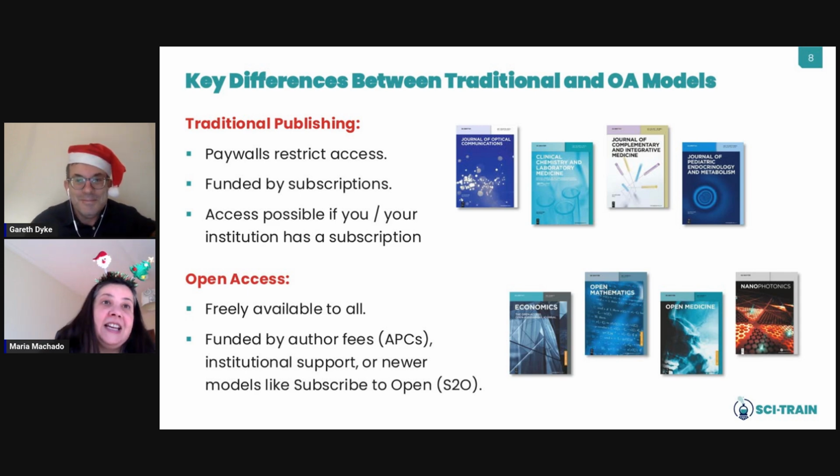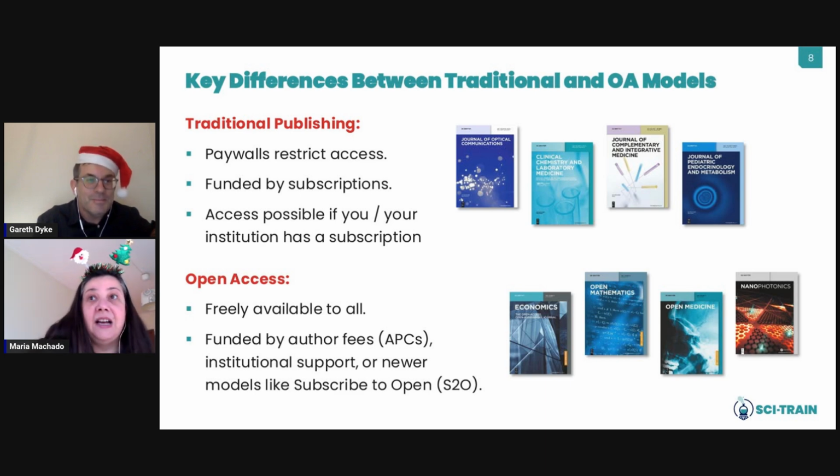Sometimes it is not a win-win, but if you can, you are more likely to have your research read in journals that don't also charge a subscription fee or a fee to read your paper.